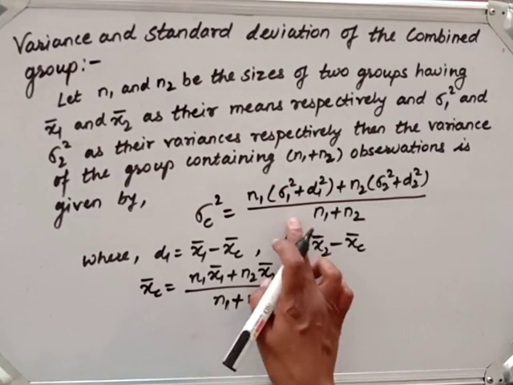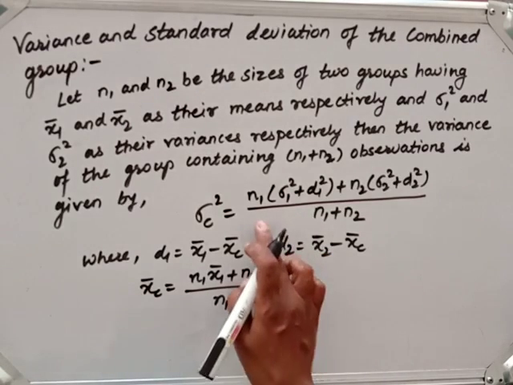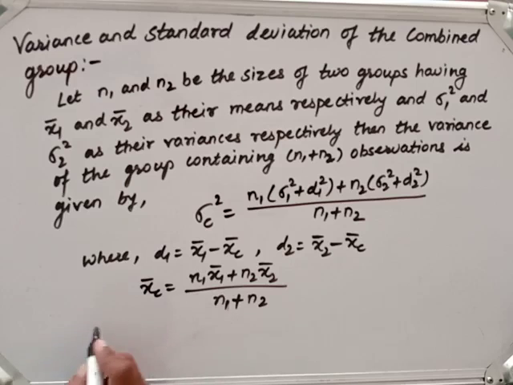Fine. Now this is about xc bar. Now this is a variance, then obviously the standard deviation is the positive square root of this.